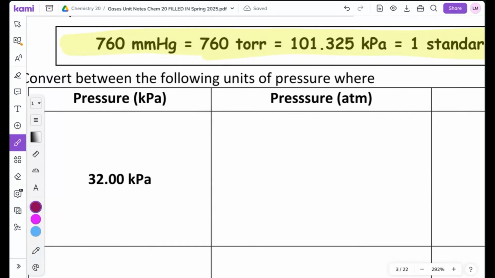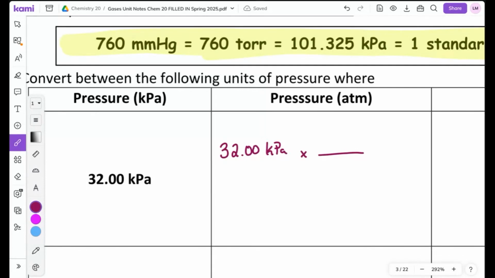So let's look at this first one here. We're converting 32.00 kilopascals to atmosphere. Let's start off first by writing out our given number. So 32, and I'm going to make sure to write the units. Now, for unit analysis, I always need to write this times by and then this fraction sign.